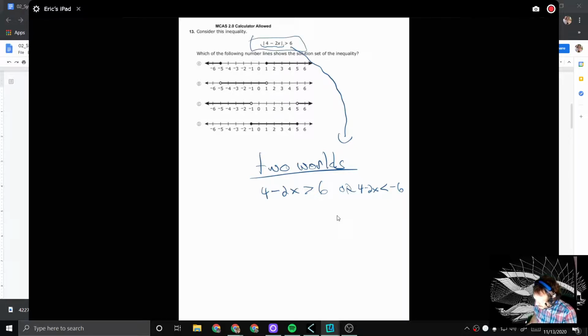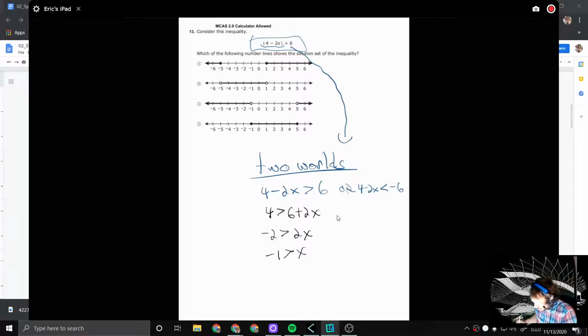This first one is fairly straightforward to solve. Add 2x to both sides, subtract 6. 4 greater than 6 plus 2x, subtract 6. Negative 2 greater than 2x, divide by 2, negative 1 greater than x. If negative 1 is bigger than x, that means x is less than negative 1.